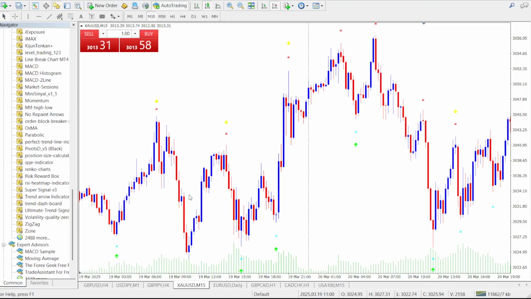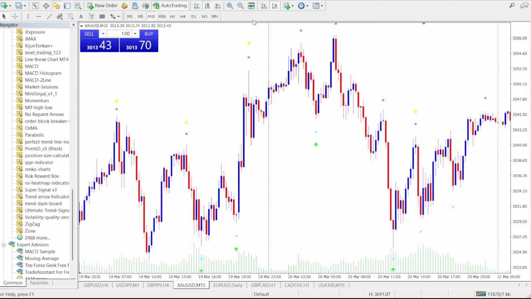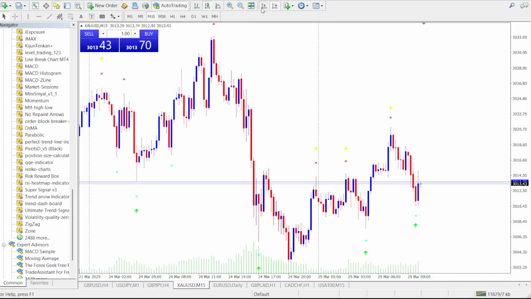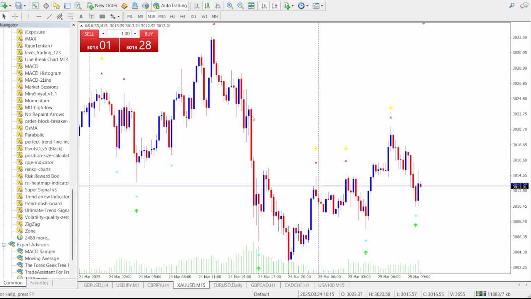And it can be used across all time frames, although it's best for higher time frames because higher time frames have the tendency of giving fewer false signals compared to lower time frames, which have a lot of market noise.